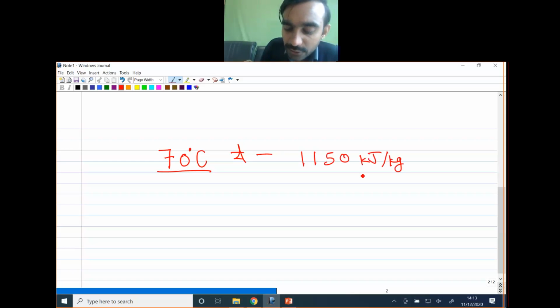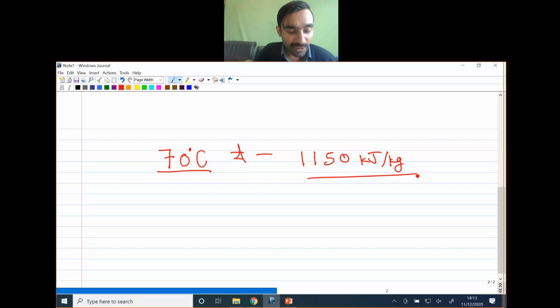It is not specified in the question whether it is a saturated state, a subcooled state or a superheated state. So we have to use our steam tables first to determine whether our state is superheated, saturated, subcooled, or in the liquid vapor mixture region.